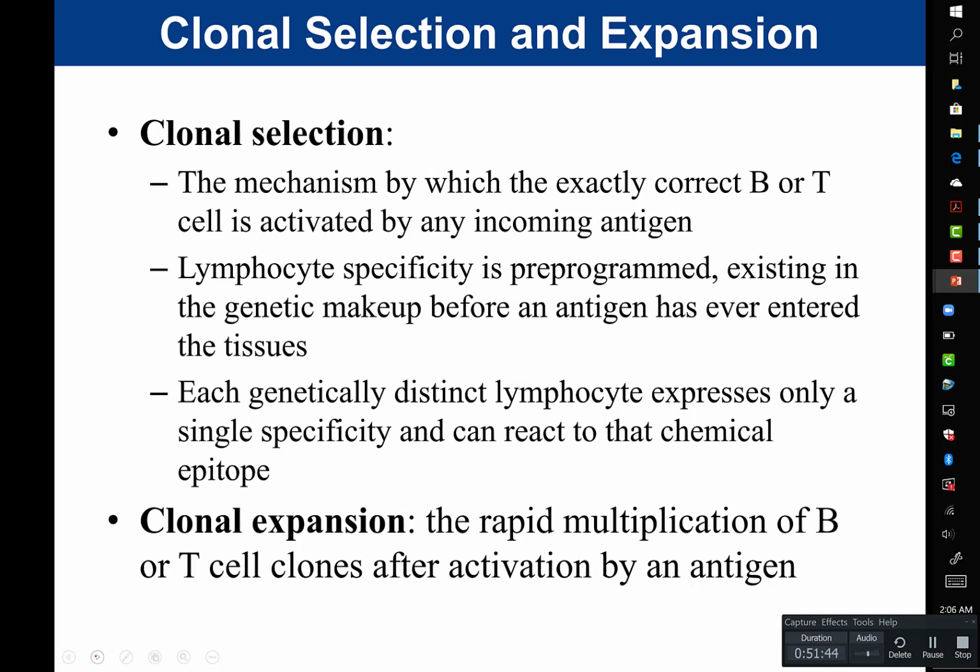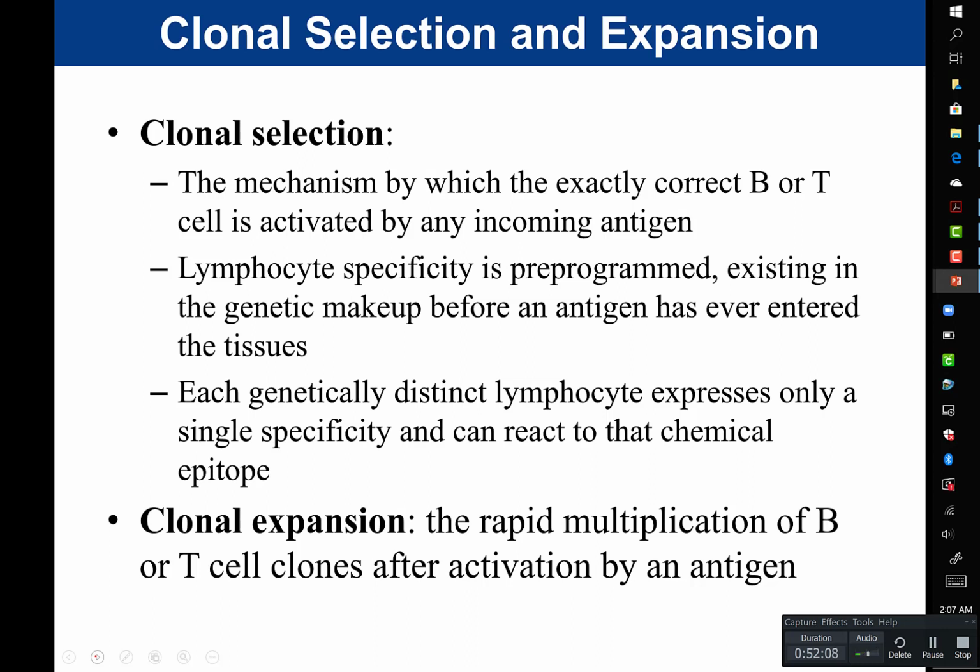So these receptors are highly specific. They react to a single type of antigen, and that's going to be an important part. Clonal expansion is the rapid multiplication of B cells or T cells after activation by the antigen.